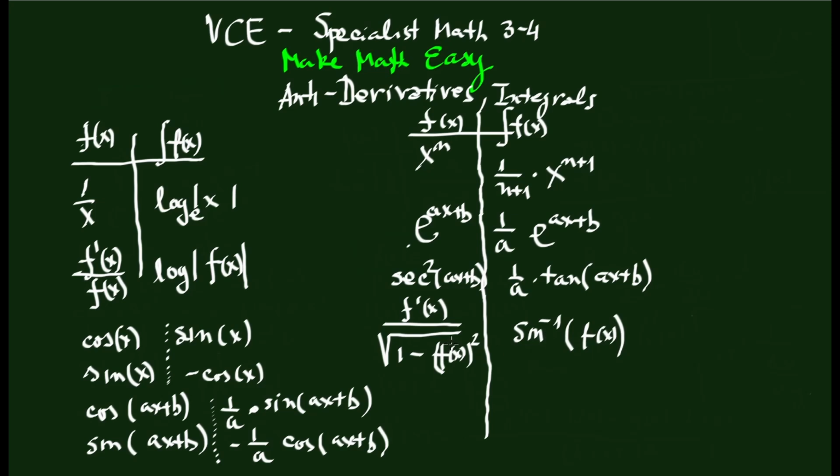And similarly for the cosine reversal, we have the minus at the top, f prime of x divided by the same denominator, the square root of 1 minus f of x to the power of 2.